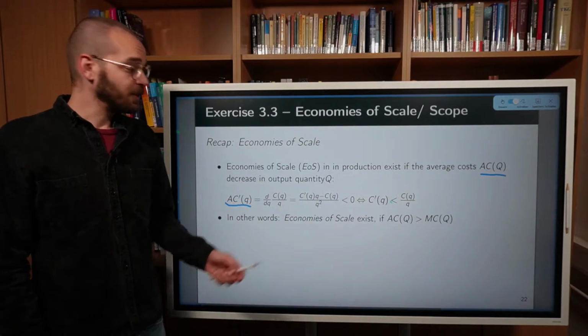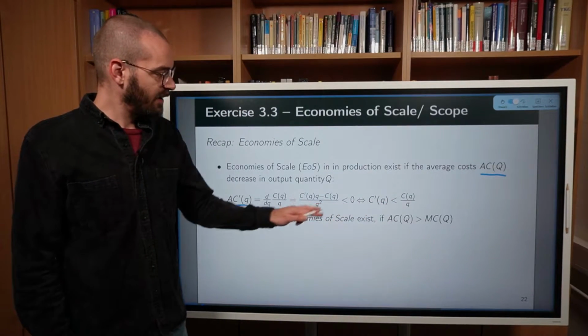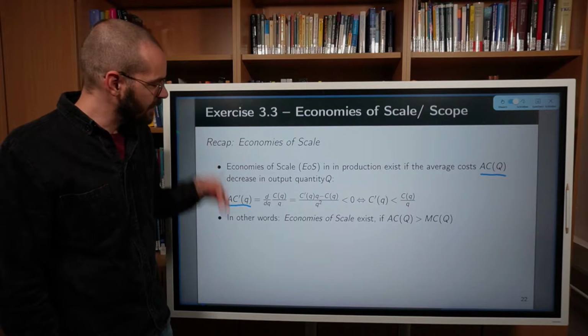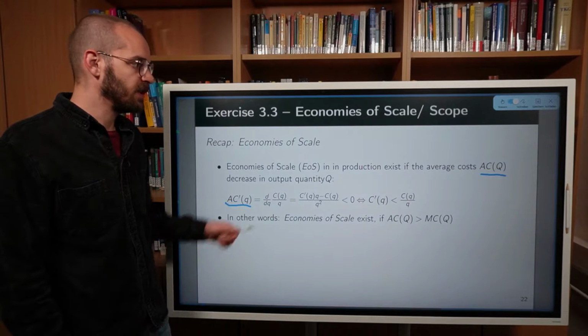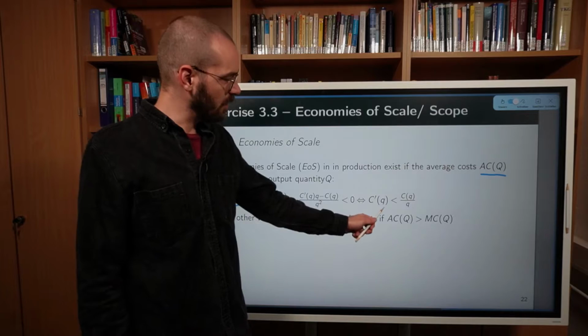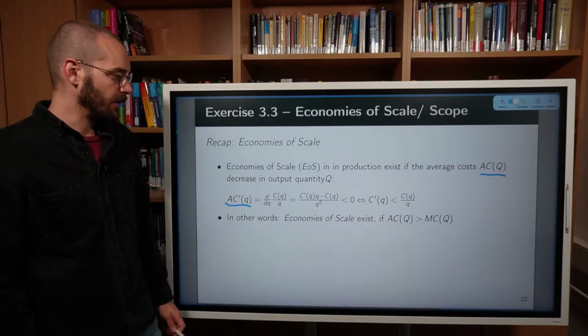Okay, so what we know by this expression is that we have economies of scale, or in other words, a cost decrease in output quantity in case the marginal costs are smaller than the average costs. Okay?